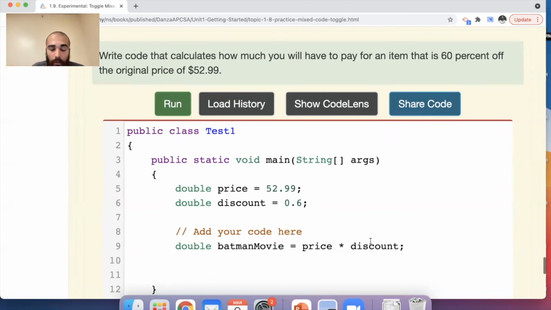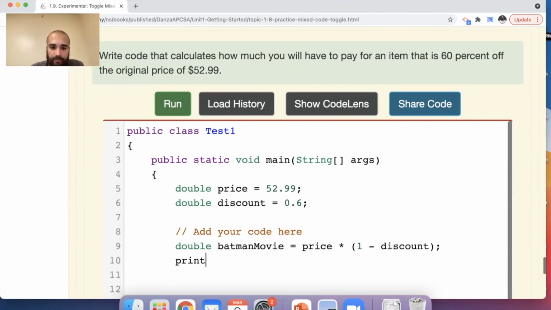All right, so we're finding out what the discount is. So how would I write this if I didn't want to find the discount and wanted to actually find the total price? What would I do? Exactly. So I'll say 1 minus discount. All right.